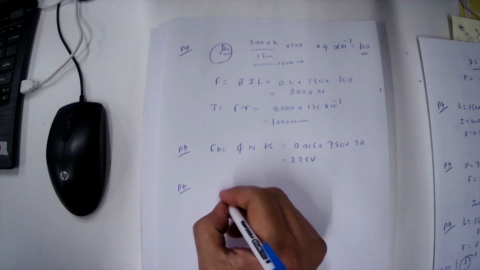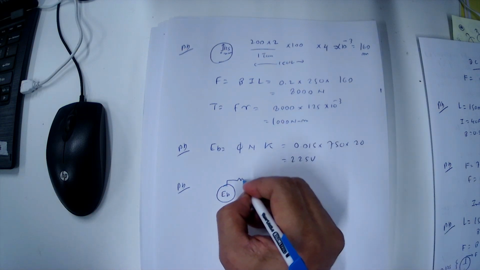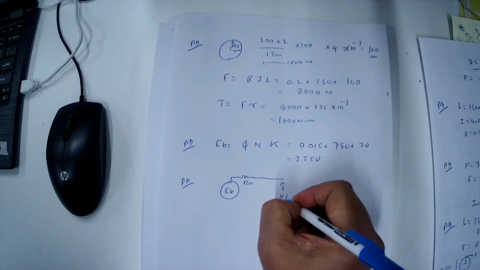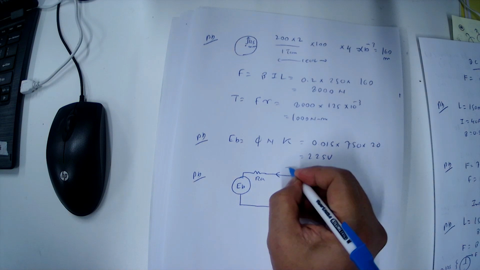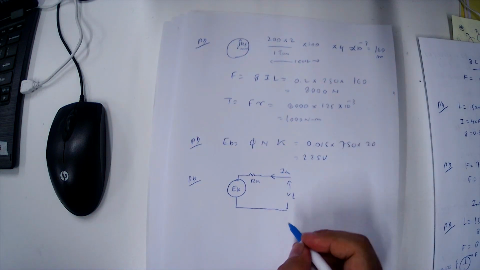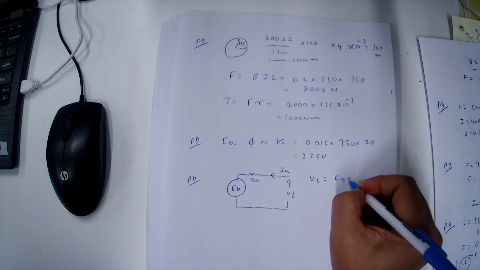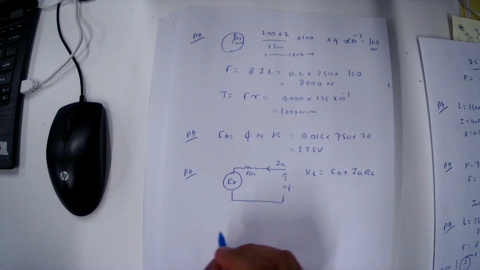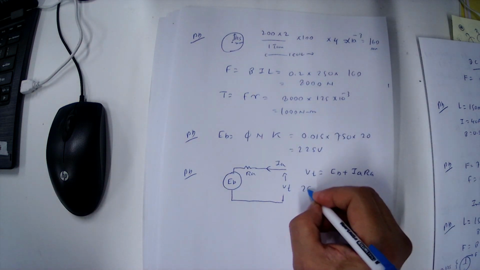So in this case, this is the EB here, the armature resistance is RA, and connected to the supply VT. This current is flowing as IA. So we write down the equation: VT equal to EB plus IA multiplied RA. So that's the equation.